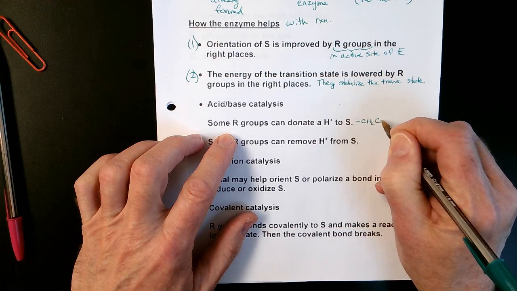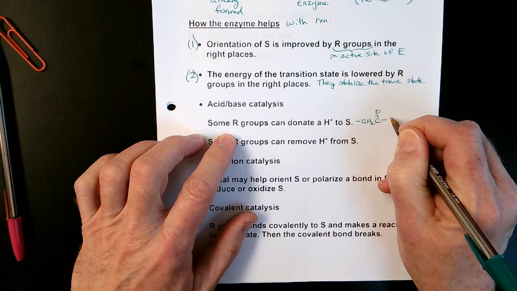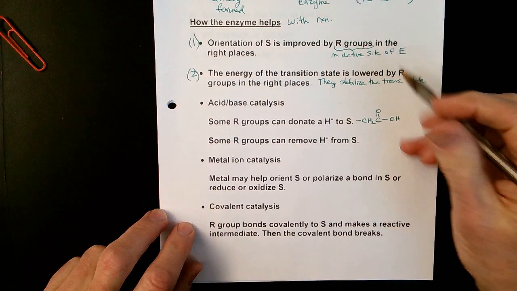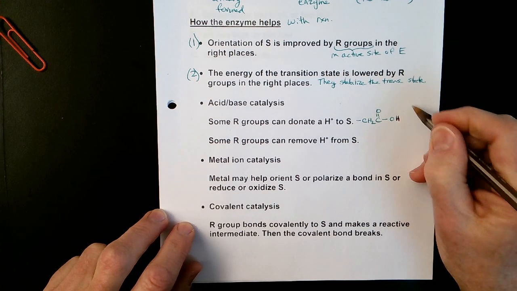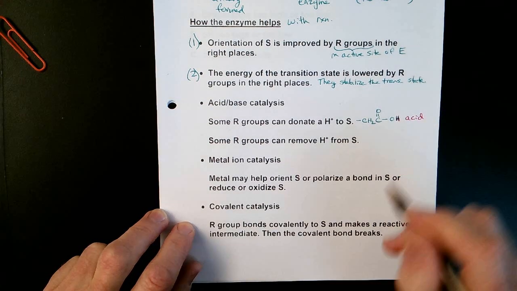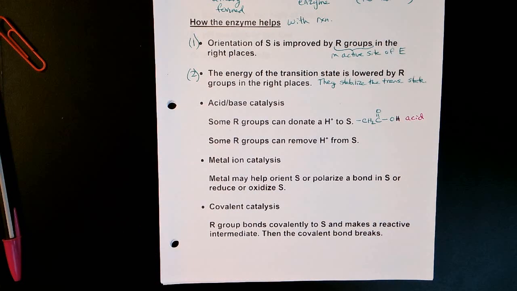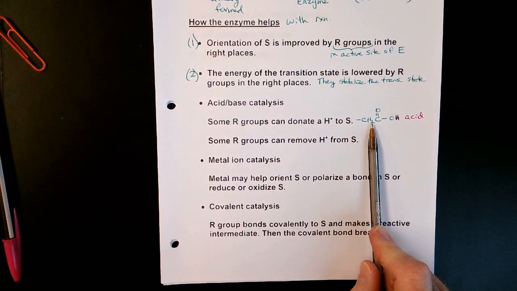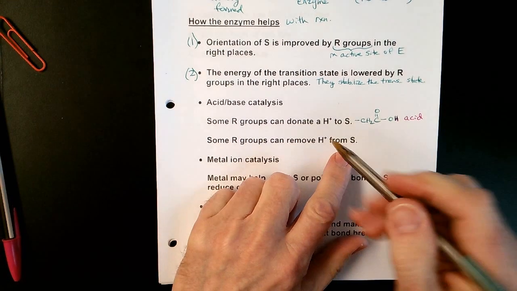There's one called aspartic acid that looks like that. That is a flat-out proton donor. And there it is as a functional group that you had in your first organic class. And now here it is as part of a bigger molecule, an organic molecule that's functioning as a catalyst.